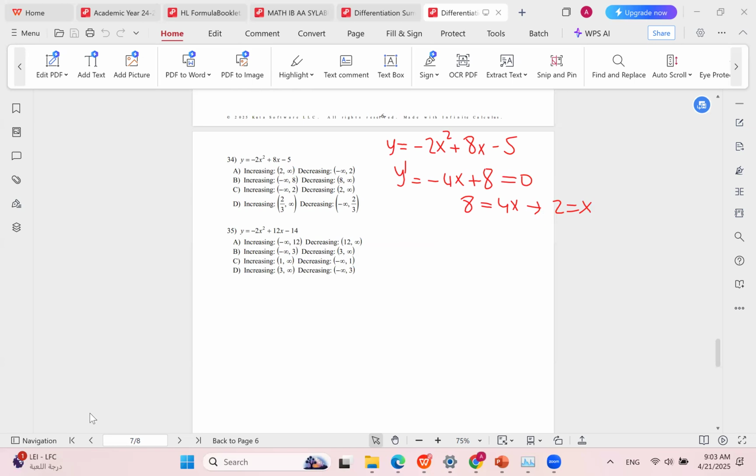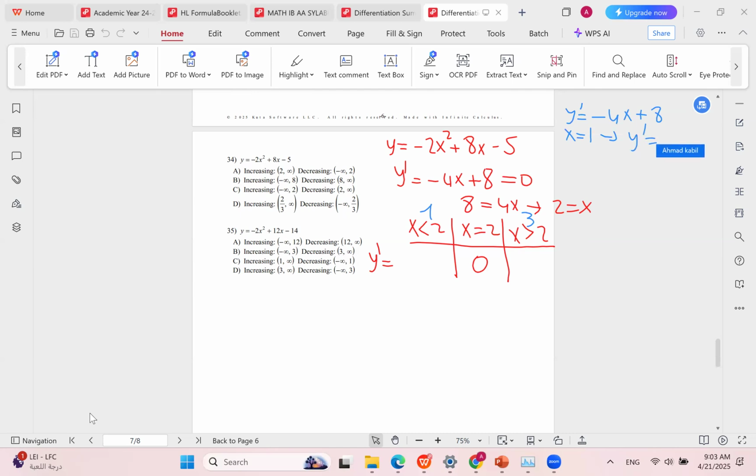So again, for our table, we are going to try a value less than 2 and another value greater than 2. At 2, we know that the slope is 0, like y dash is 0. And then we have to try something like 1, for example, and 3. So for -4x plus 8, if x equals 1, we get y dash equals -4 plus 8, which is positive.